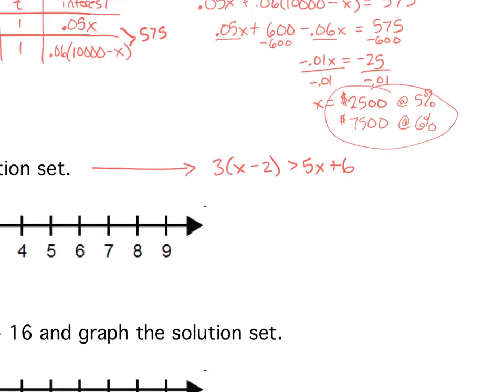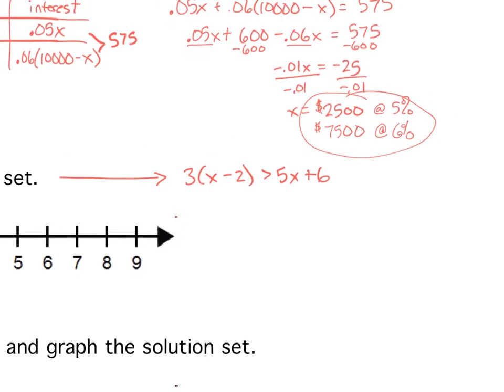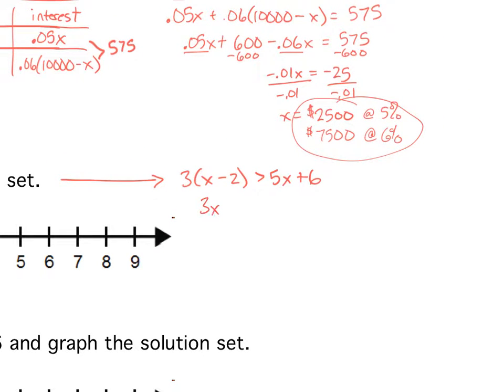All right. Now we want to start to simplify it, try to solve for x. So I've got parentheses. I want to get rid of that by distributing the 3. So I have 3 times x and then 3 times negative 2.